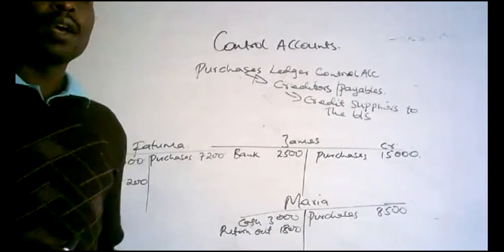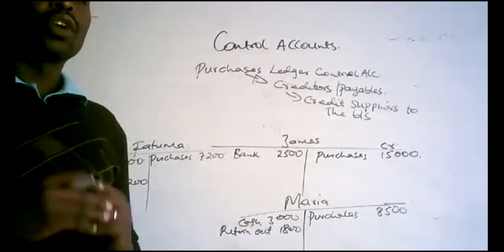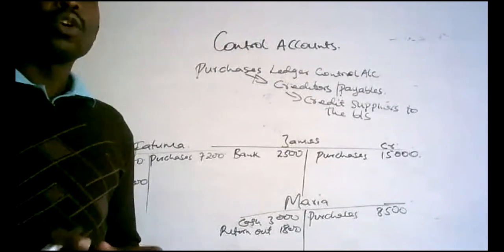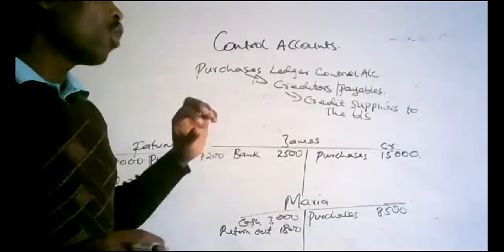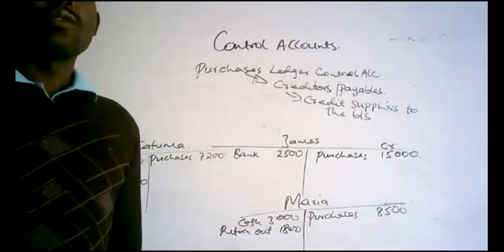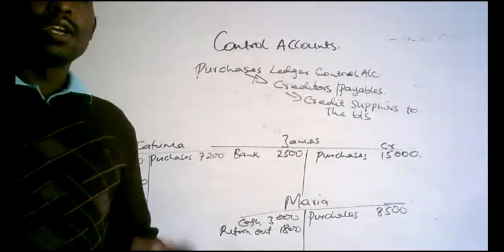The same note applies when we buy goods on cash basis. We have not created a liability, so it is not going to be recorded. All the cash purchases will never be recorded in the purchases ledger control account because there is no liability created.